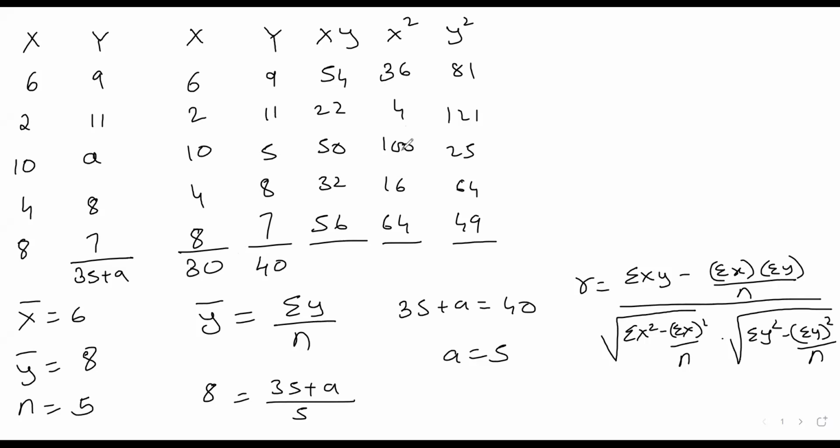This is 40 and 100, 140 and 156, 160, and this will become 220. This is 241. And this is 340. Now we'll put all these values in the given formula.